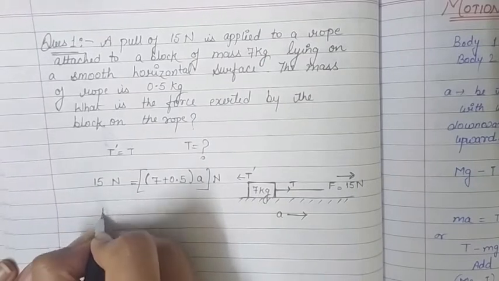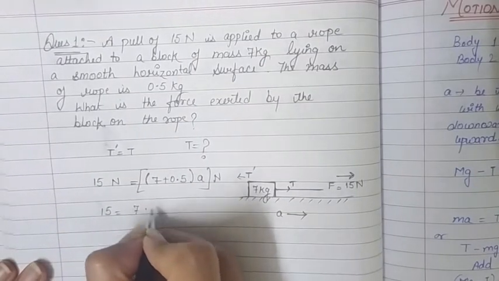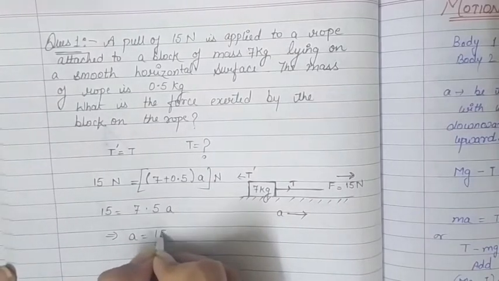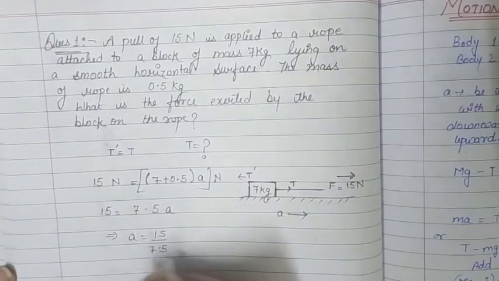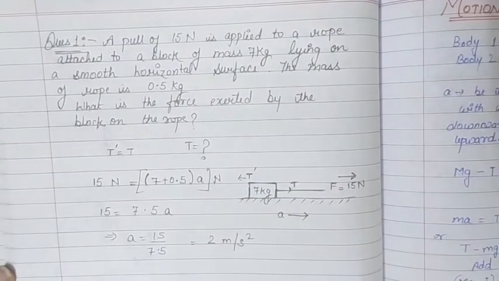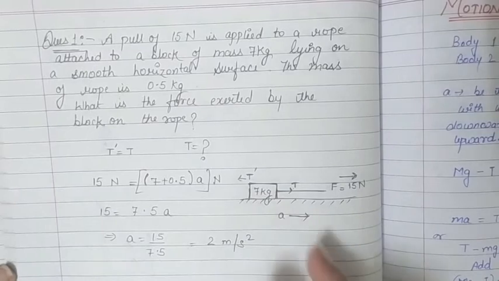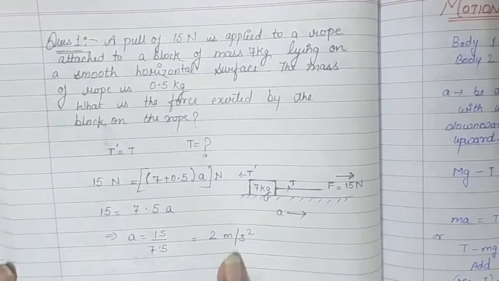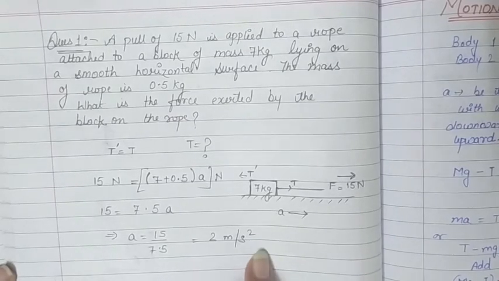Then we get 15 is equal to 7.5 A, and that implies A is equal to 15 upon 7.5, or 2 meter per second square. So the acceleration with which this block is moving because of that pull of 15 Newton is 2 meter per second square. Now we know the acceleration.